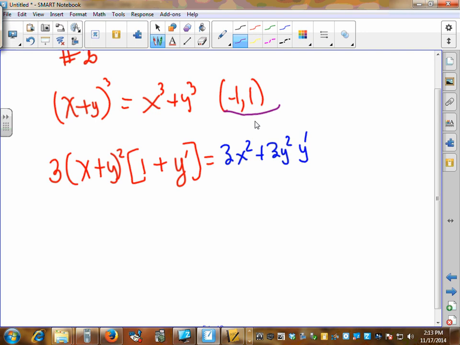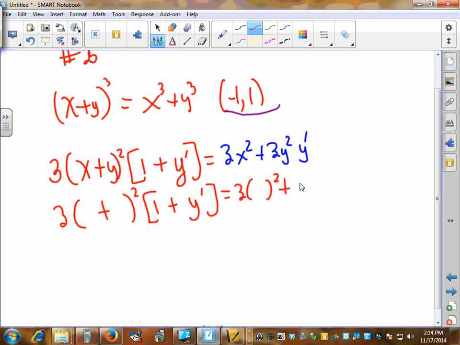Rather than distribute and combine everything, I think I'm just going to go ahead and plug in the information that I'm given and find the derivative that they want. One of the things when we're taking the AP, we don't want to waste time doing algebra when they want calculus done. And here, the main point of this is doing the calculus and finding y derivative.